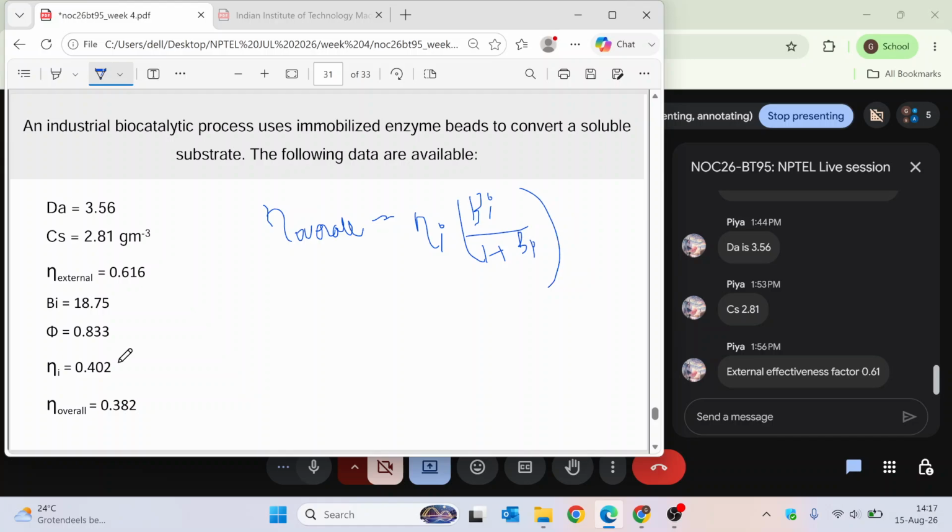So if you just substitute this and this, finally you will end up getting 0.382.